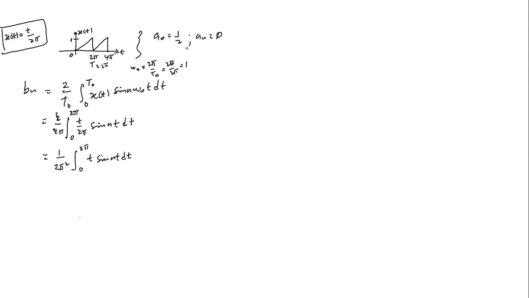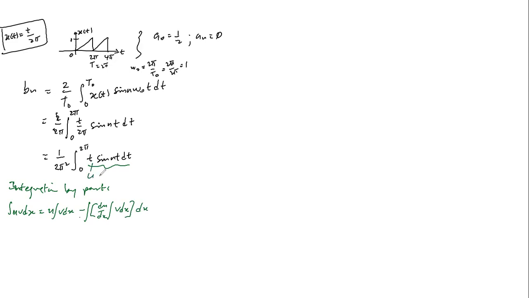Once again, you have to solve this by integration by parts, and we already know the formula: integral u dv is the same as u integral dv minus integral of du times integral dv.